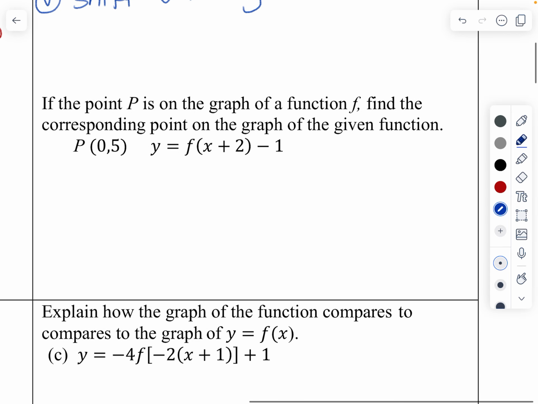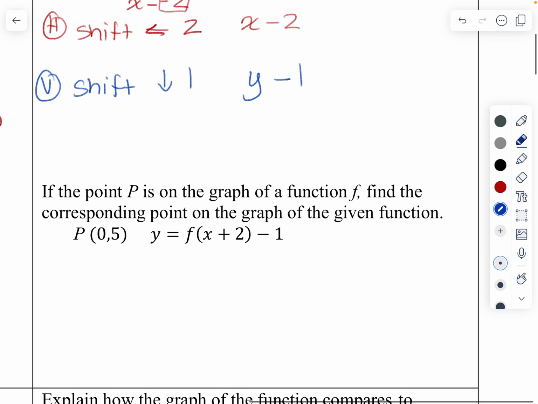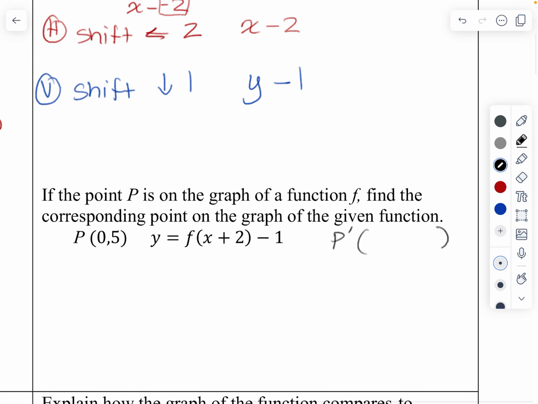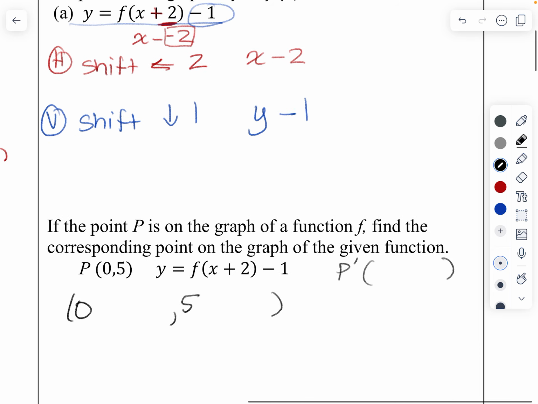So now we're going to take this point P. So it says if point P is on the graph of the function f, find the corresponding point on the graph of the given function. Okay, so we're going to find what's called the image of the point, or point prime. Okay, so we're going to take our horizontal component 0 and our vertical component 5, and we're going to put them through the transformations.